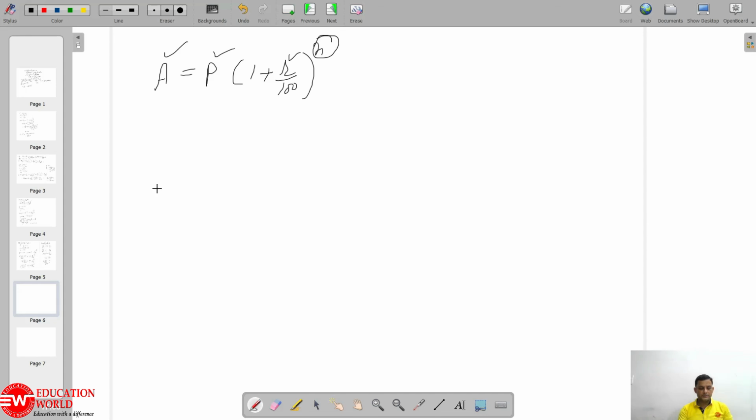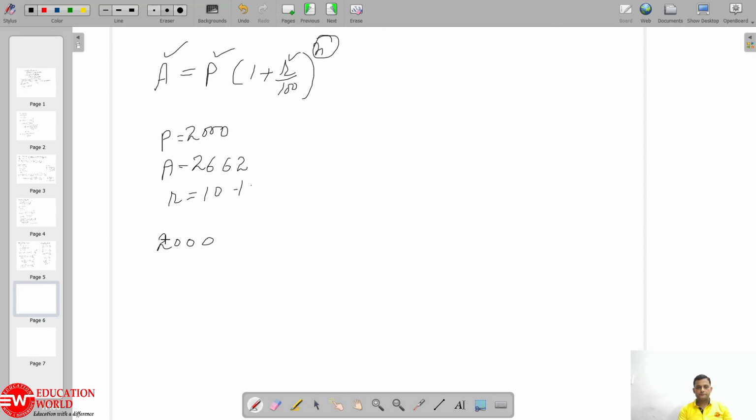In how many years will rupees 2000 amount to 2662? So principal is 2000, amount is 2662 and rate is 10%.